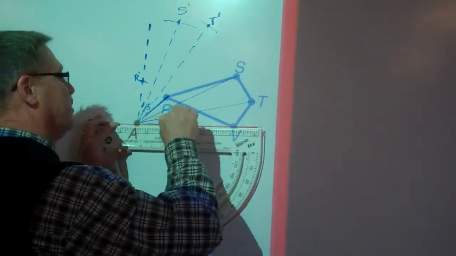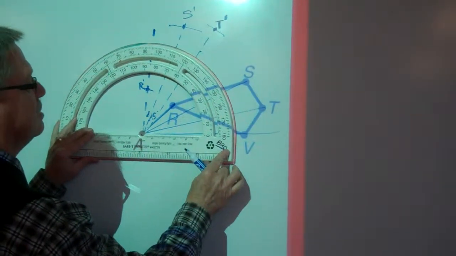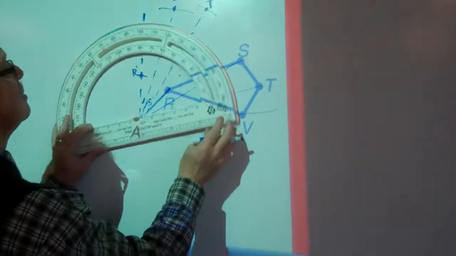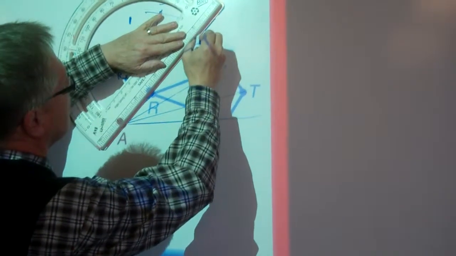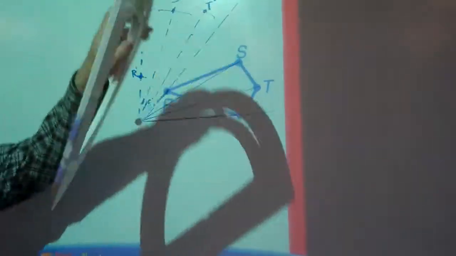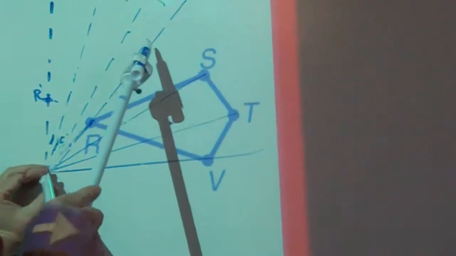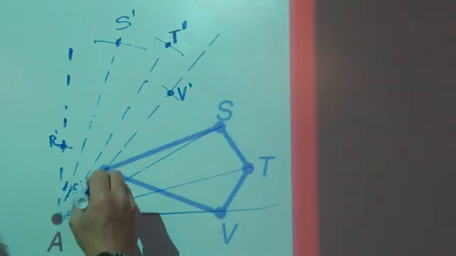So draw a line from A out through V. Measure a 45-degree angle. Mark off that distance. That's V prime.